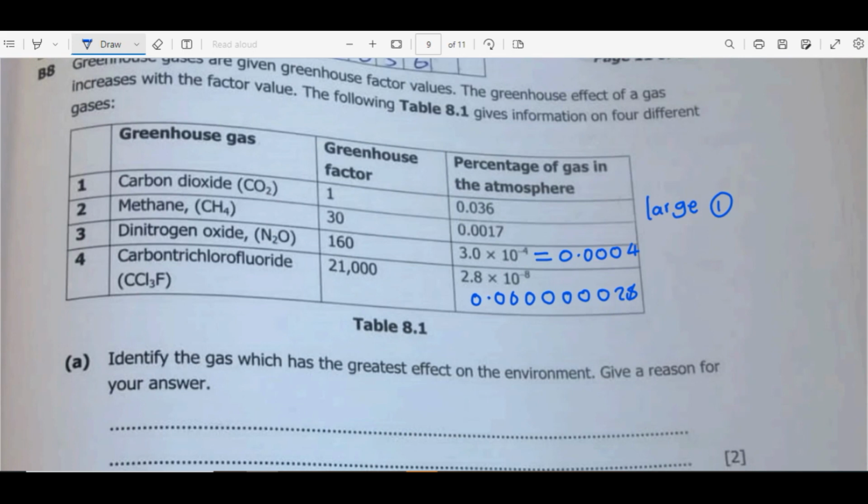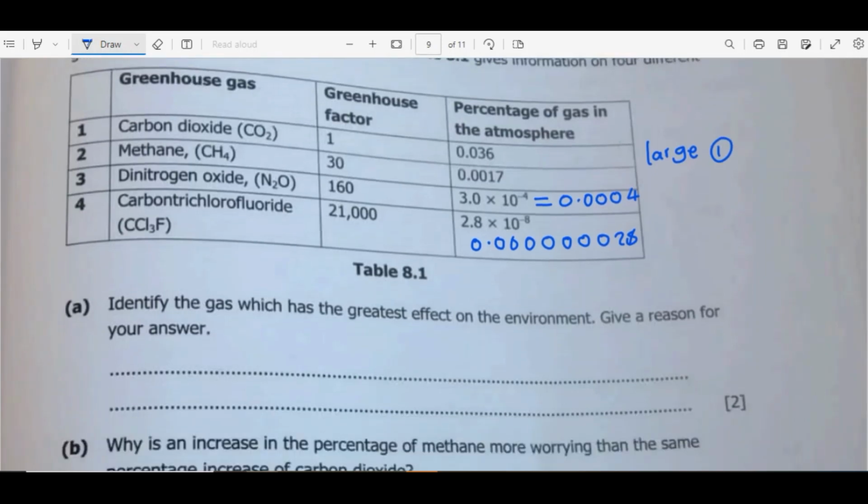Now if you look at carbon dioxide, the greenhouse factor is very small, but the occupation is big. So the answer is carbon dioxide. Even if the greenhouse factor is 1, it occupies the largest amount in the atmosphere. So that's our answer there.